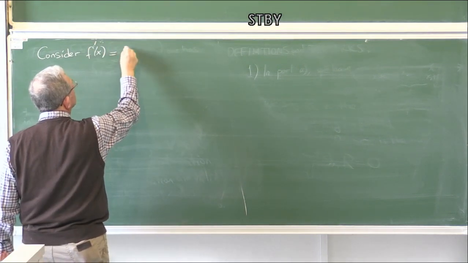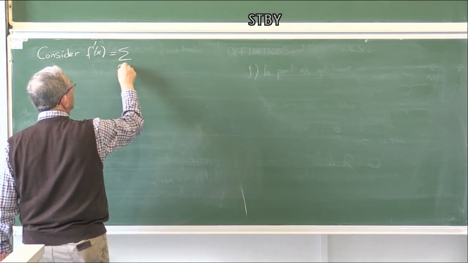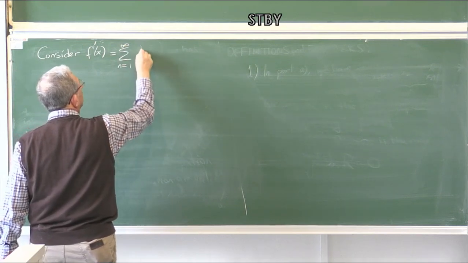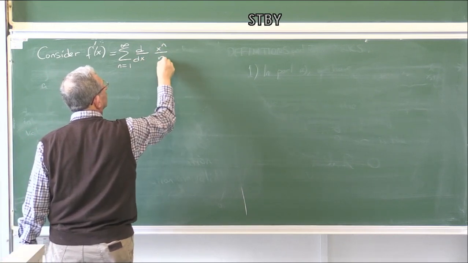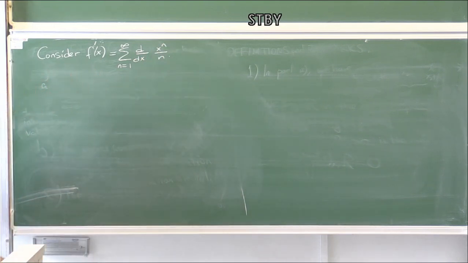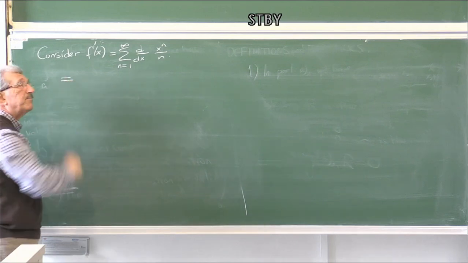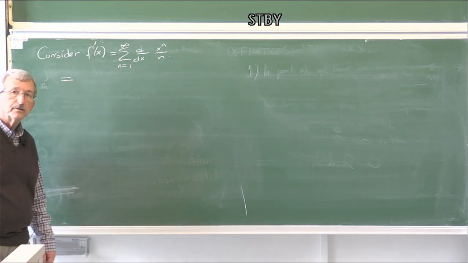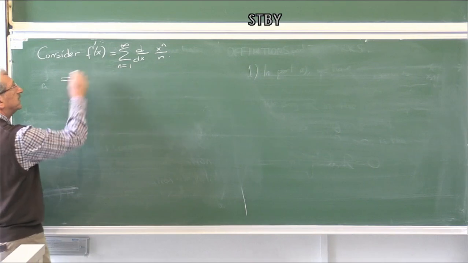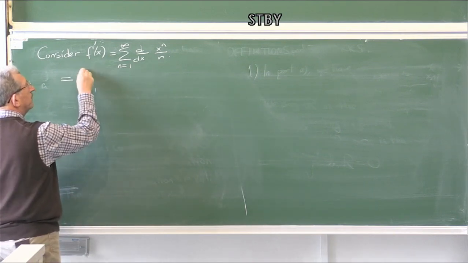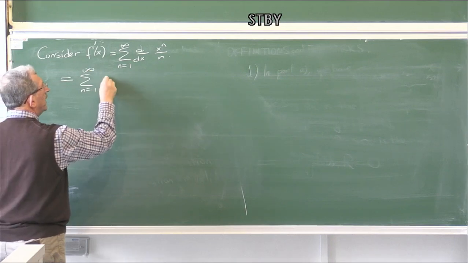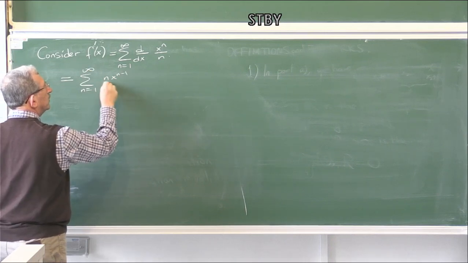This is clearly the sum from n equals 1 to infinity of the derivative of x to the n over n. We know it has the same radius of convergence. So, let us calculate that. This would be the sum of n x to the n minus 1 over n.